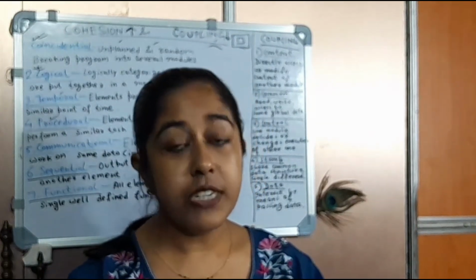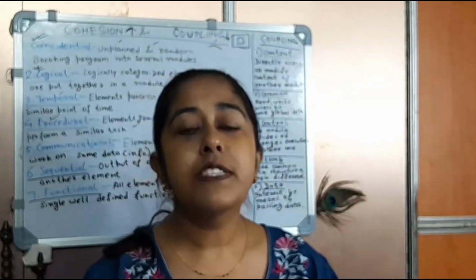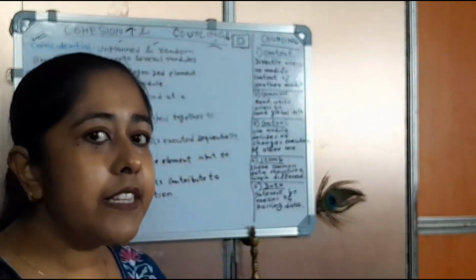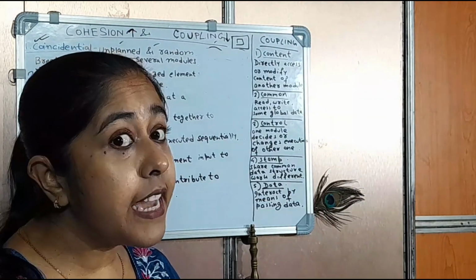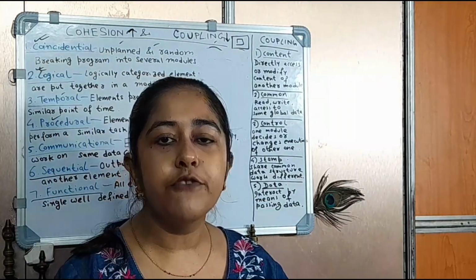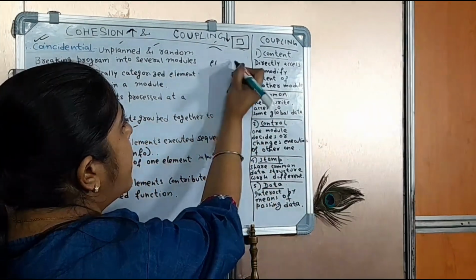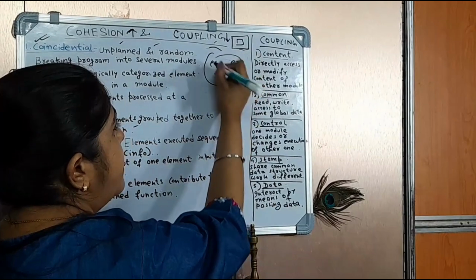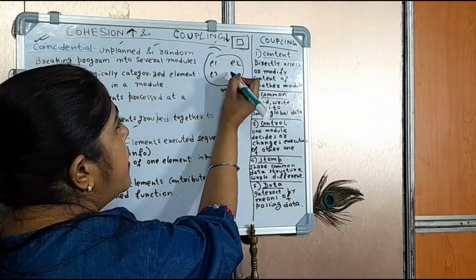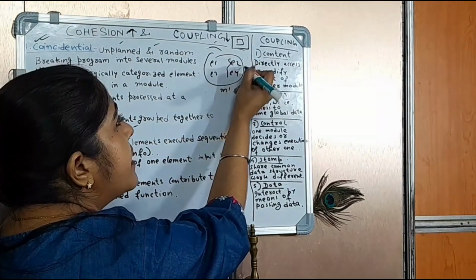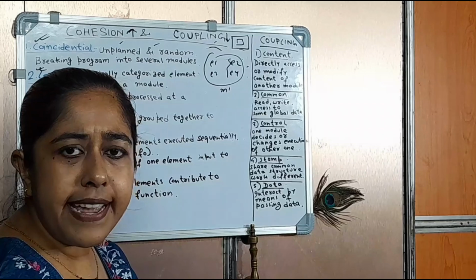Maybe their work is different. As we saw, in temporal it is the same instant of time, in procedural the same work, same function. Now, maybe their functions are different, but they are working on the same data or information. Suppose E1, E2 are inside a module M1, and E3, E4 are doing another task.